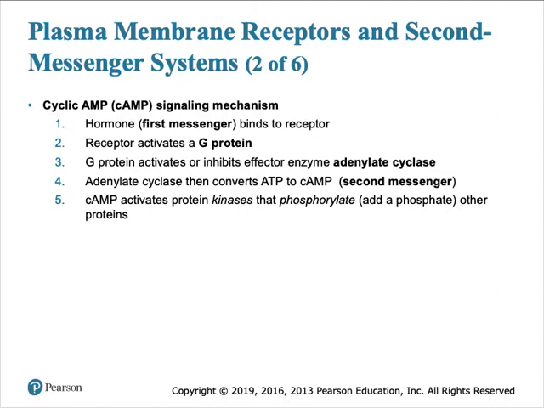So first, cyclic AMP. Adenosine monophosphate is what the AMP is. That may sound familiar because of ADP and ATP. Remember, ATP is cellular energy. ATP is adenosine triphosphate, ADP is diphosphate, and AMP is monophosphate. So basically, cyclic AMP is a special derivative of ATP.